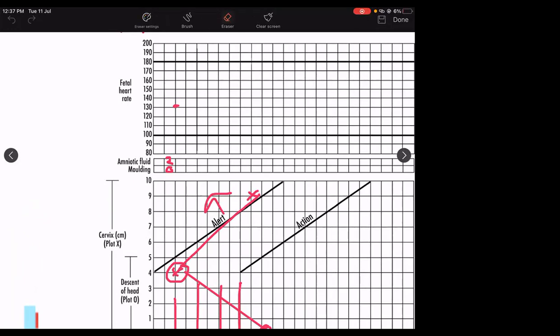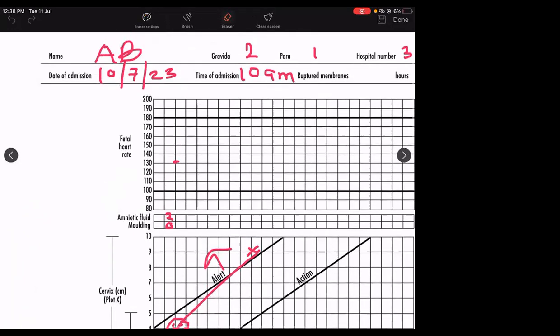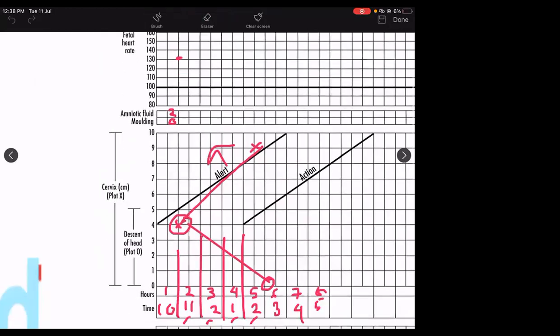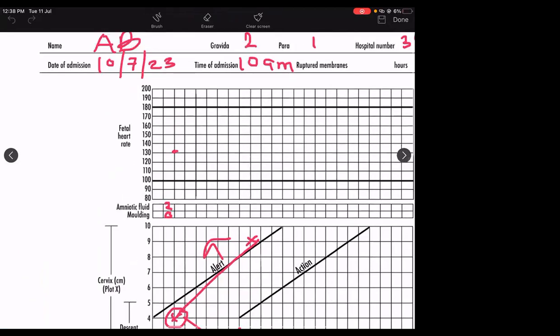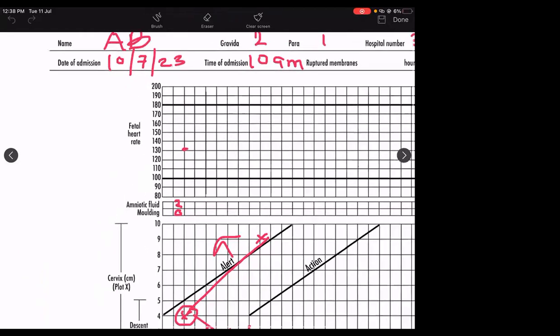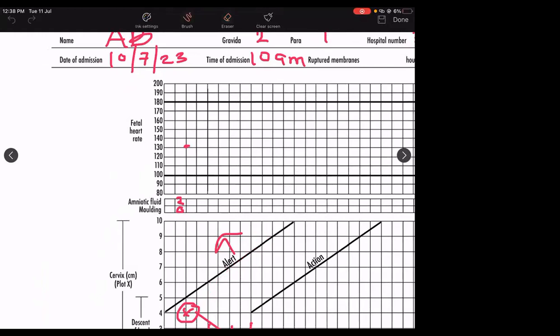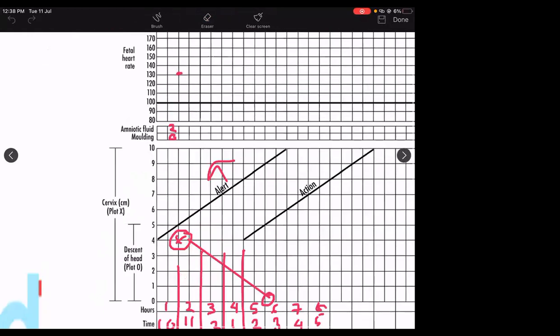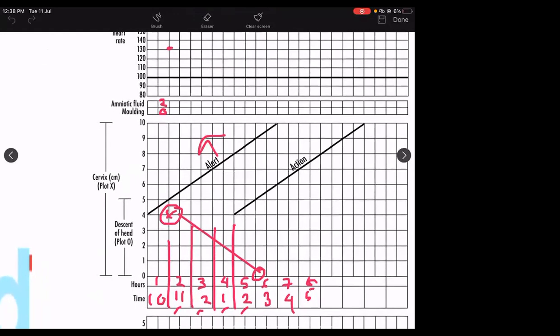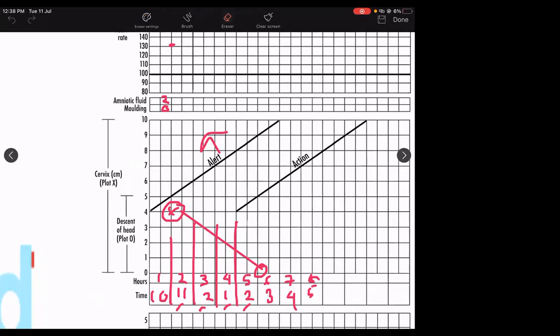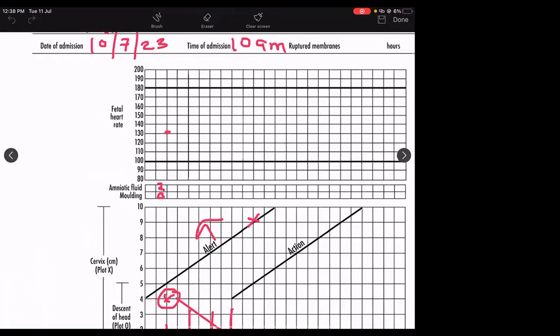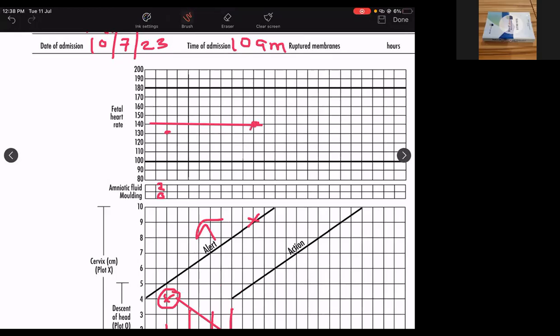So this is our line, and this is 9. If the fetal heart rate was 140, you go to 140 and you mark. That is your 140.